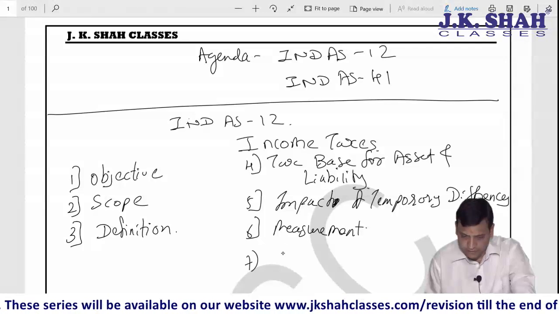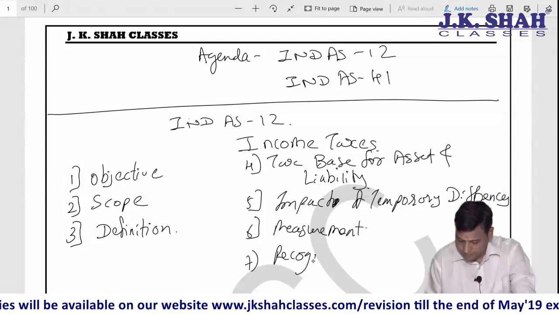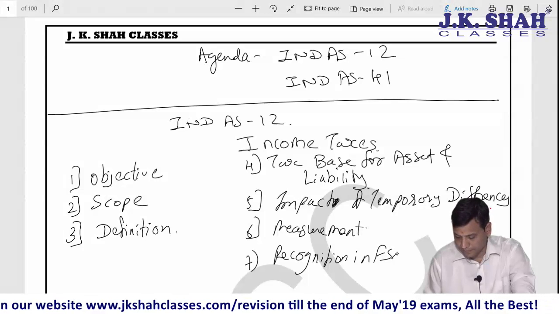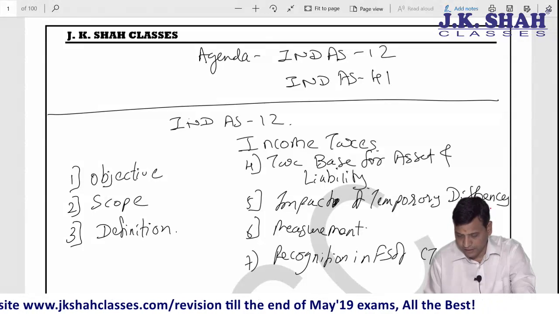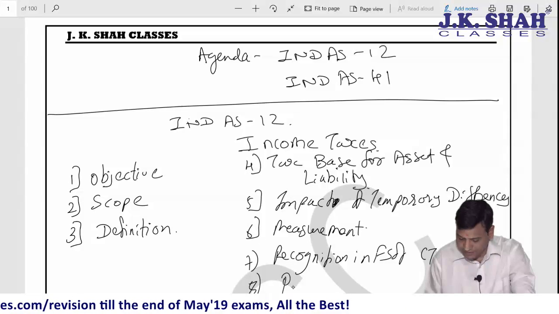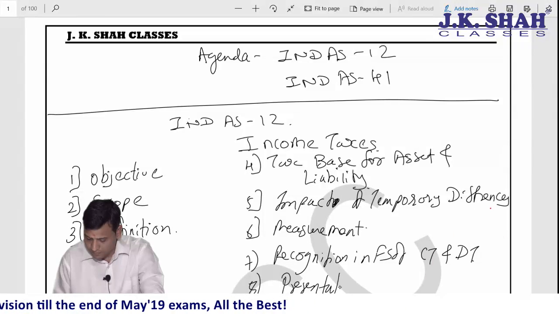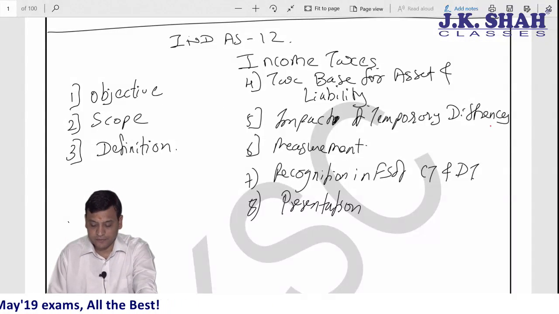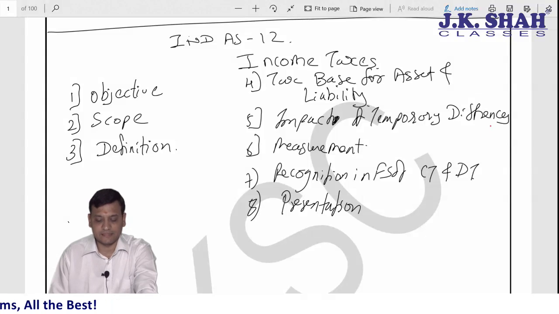The seventh area, recognition and financial statement of current taxes and deferred taxes. Of course, one more area we will cover is presentation. So these are the areas which we are going to deal with in income taxes.